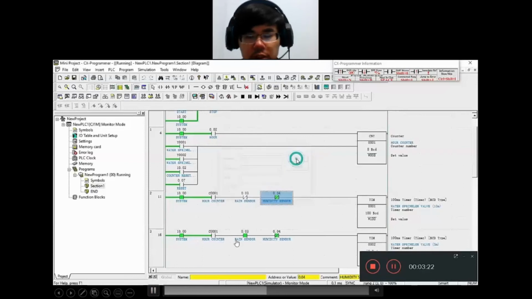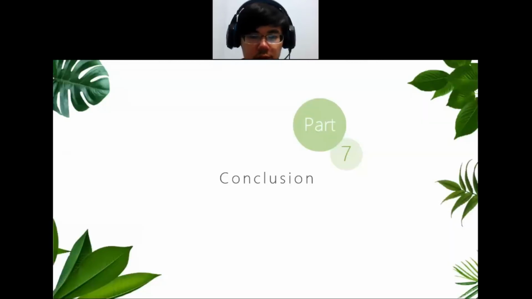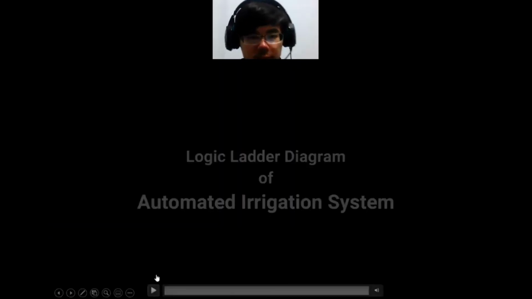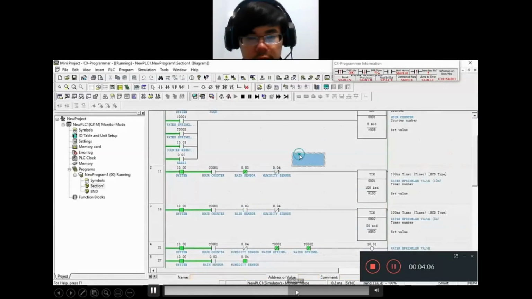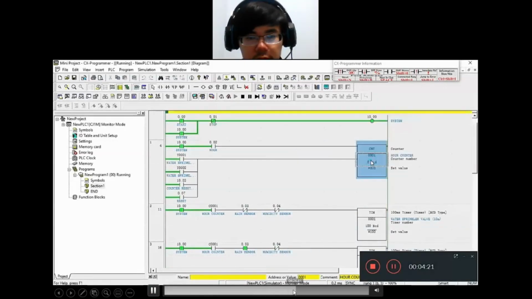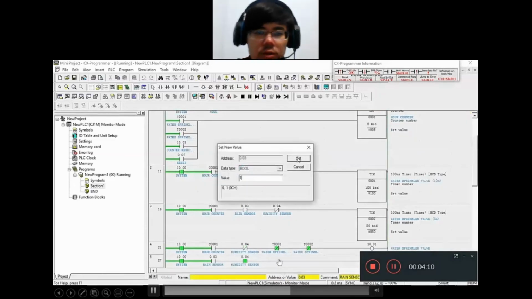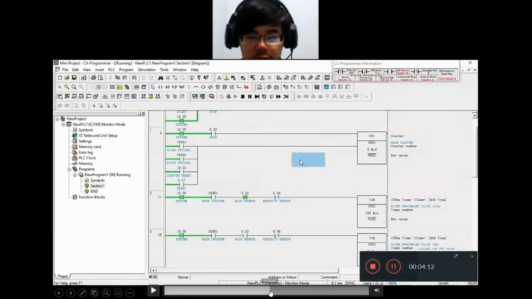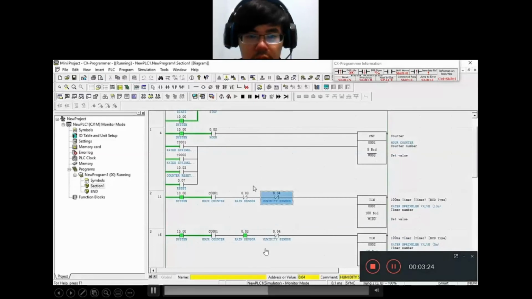Now set humidity sensor to 1 and rain sensor to 0.